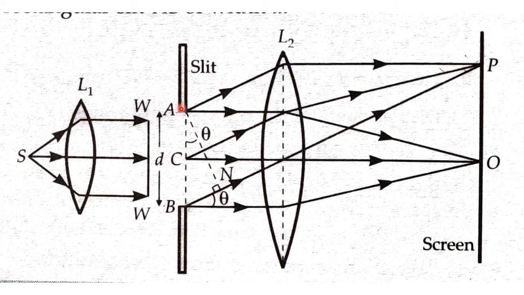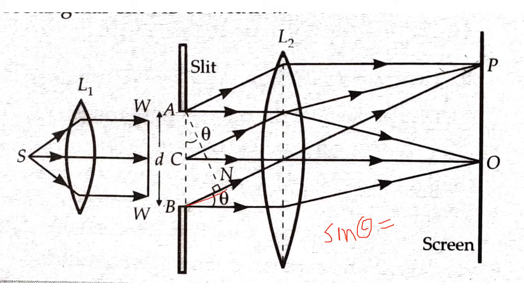Now note, this forms a triangle, and in this triangle this angle is also equal to theta. Now if this is theta and there is a right angle, I can use my trigonometric properties. So what will be my sine theta? Sine theta is the ratio of the opposite side by the hypotenuse.